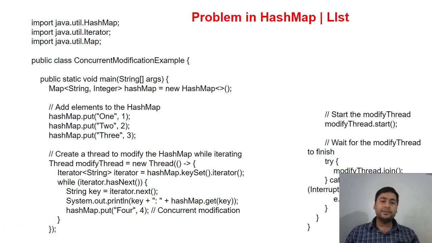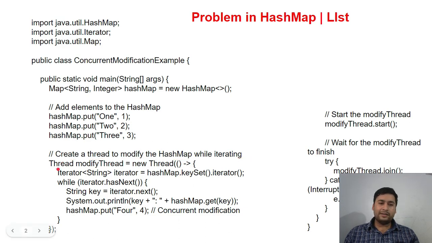Let me explain. This is the one class we have created, ConcurrentModificationExample, and we have created one map which is a HashMap, and inside this map we have added three values, 1 2 3. Then we have created a thread to modify the HashMap while iterating.